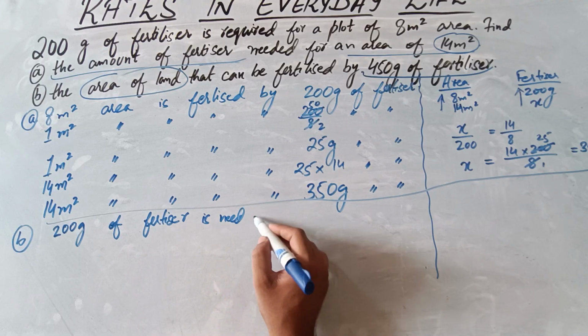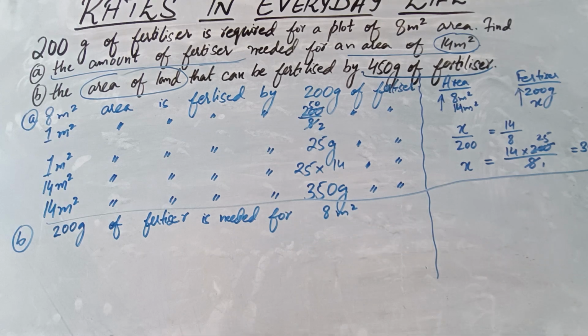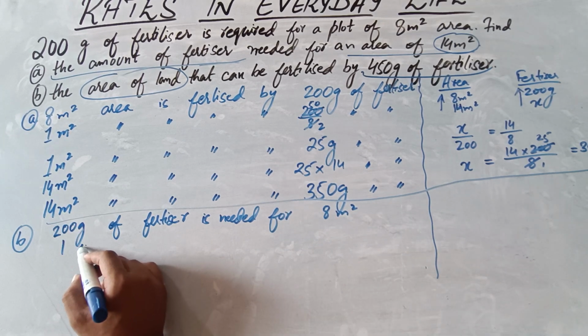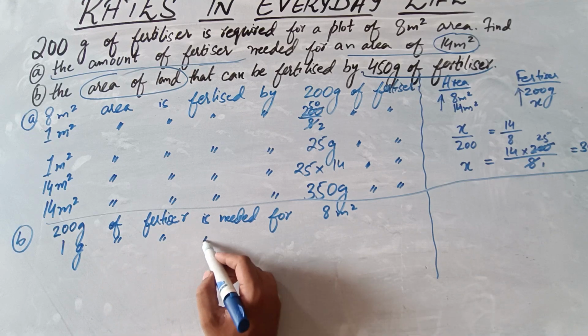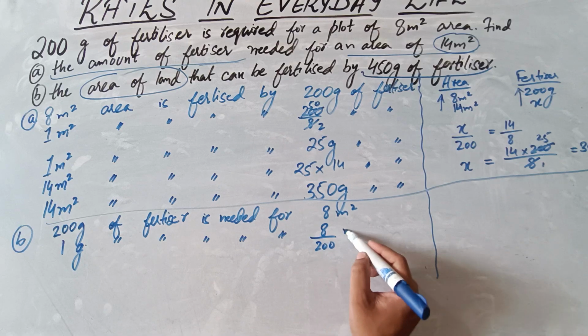Then we find that 1 gram of fertilizer is needed for 8 upon 200 meter square.